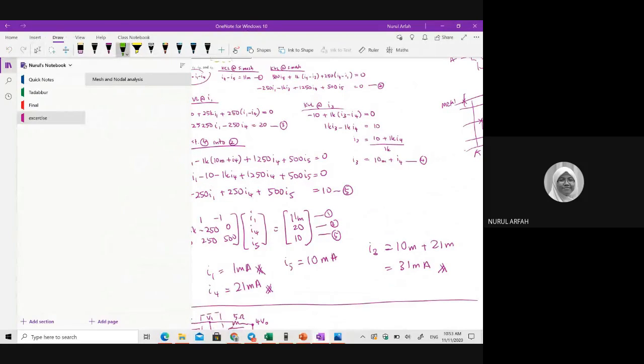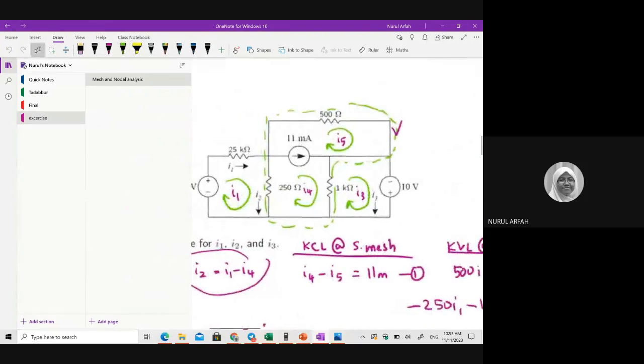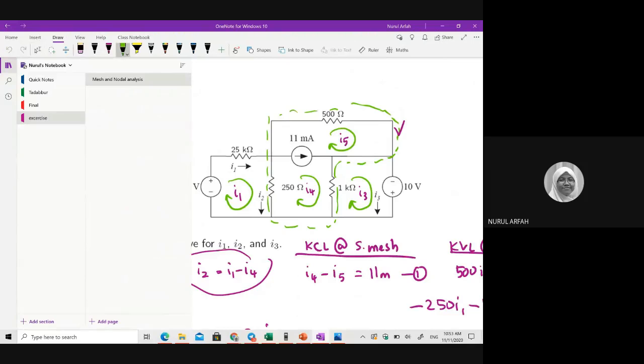I1 is 1 milli, I4 is 25 milli, I5 is 10 milli, because I put the numbering like this: I1, I4, I3, and I5. But what is I2 equal to in the middle here? I2 is moving through the 250 ohms, so it is shared between two loops, I1 and I4.